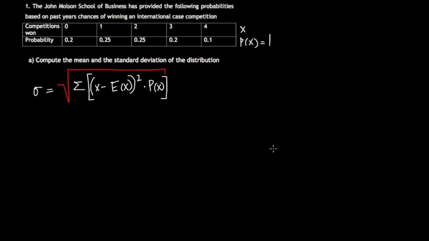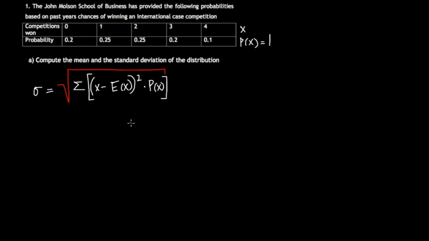So I'll just say that again. We're going to take each outcome, subtract the mean, and then take that to the power of 2 to remove the negatives, multiply that by its given probability, and then all of these, 1 for each outcome, we're going to add them all up and then take the square root, and that's going to give us the standard deviation.